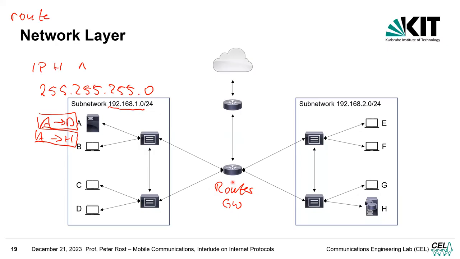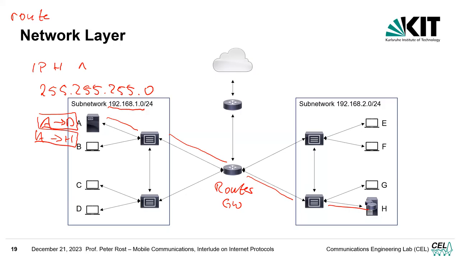That means A would send the packet to the gateway router, so this path here, and this gateway router would look into the destination address and see, aha, it's actually intended for server H, and then forwards the packet here to server H. And the address of server H is known to the router because of the same process that I explained before, using address resolution.